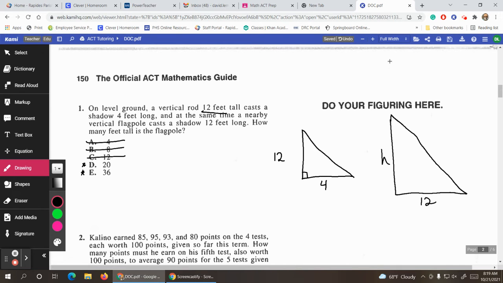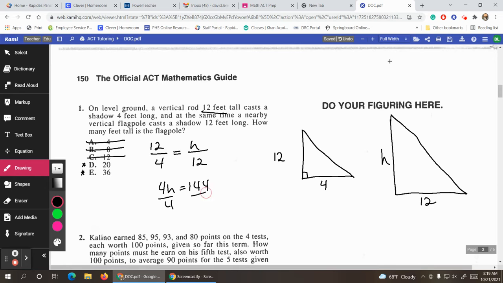But here's how you do it mathematically. You want to set up a proportion: 12 is to H as 4 is to 12. Then you cross multiply, and you have 4h equals 144.